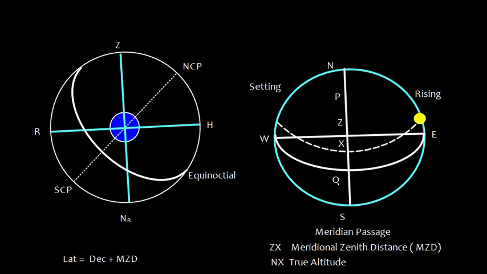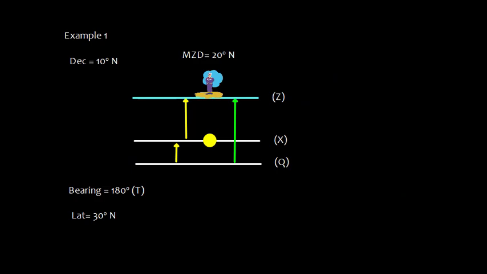Of course, let me simplify it further with this example. Suppose declination is 10 degrees north and meridional zenith distance is 20 degrees north. Here this is Q, which is equinoctial, 0 degrees. Now, the declination is 10 degrees north, so from Q to X is 10 degrees north.